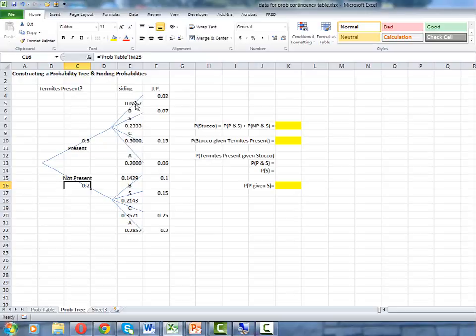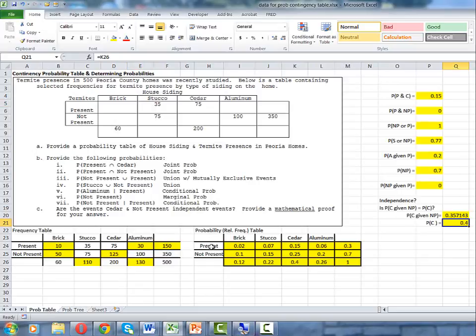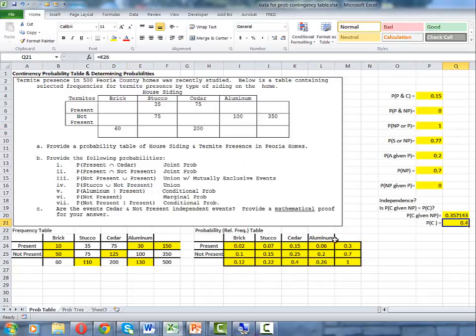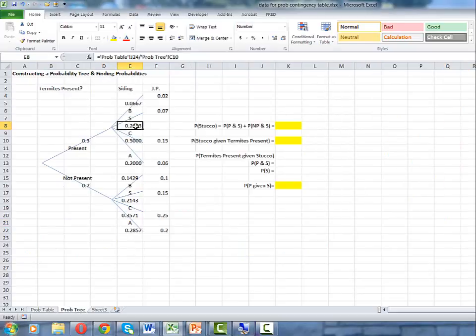Okay, so to get these numbers, I had to take the joint probability, so say of brick and present, so 0.02 divided by 0.3. Okay, so that's the 0.0667. And then I took stucco and present, and divided, so 0.07 divided by 0.3. So we got 0.233. So these are all conditional probabilities. So that's very different from the contingency table.